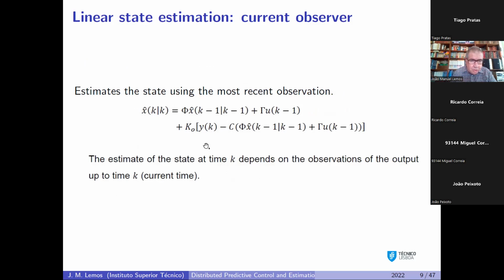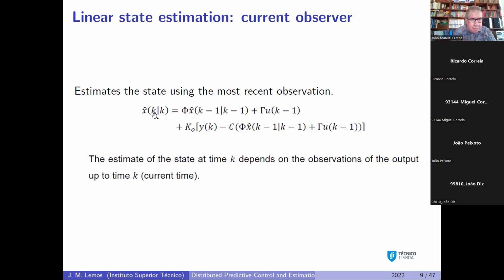So how can I do this? Again, I have a replica of my system. Now, instead of writing this in terms of k plus 1 given k, I'm at time k, so I want to have the estimate at time k, and I use the previous estimate. So this is a replica of my system.